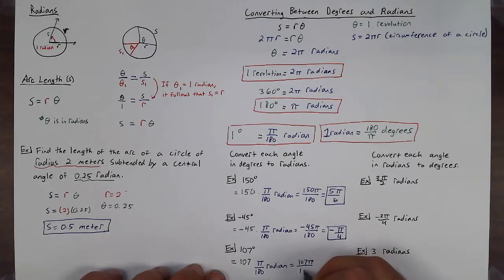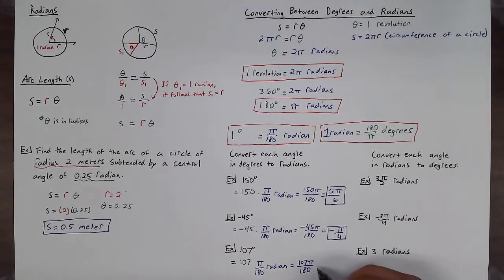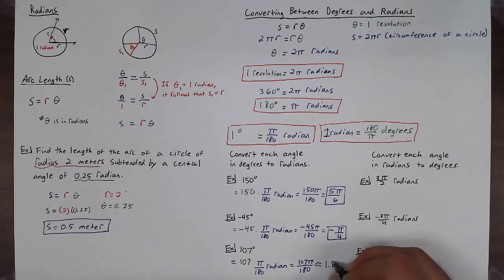There's 107 pi over 180. The previous two were simpler to write, but this might be a pain to write over and over again. I can also just plug that into my calculator and get 1.868, and it's that many radians as a decimal. If you'd rather use the decimal, it depends on the situation.